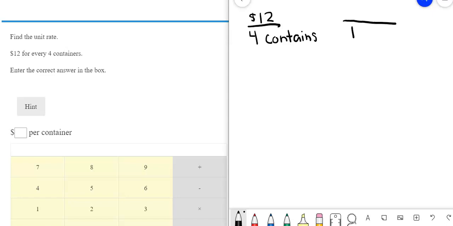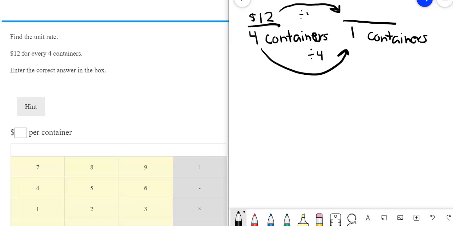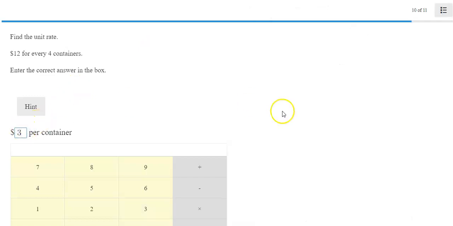We're finding the unit rate, dollars per container. To change 4 into 1, I'm going to divide by 4. If I divide by 4 on the bottom, I need to divide by 4 on the top. So 12 divided by 4 is 3. So $3 per container.